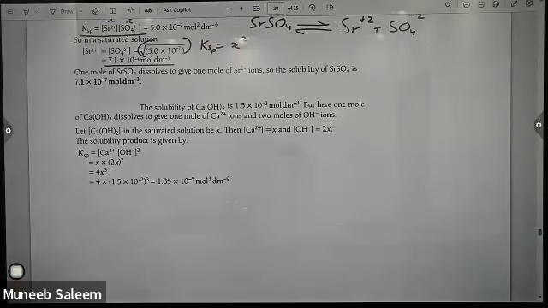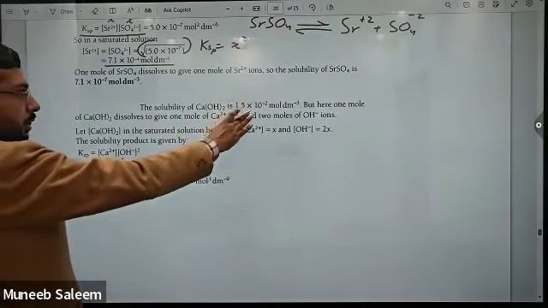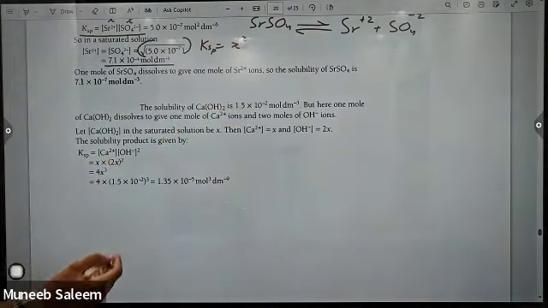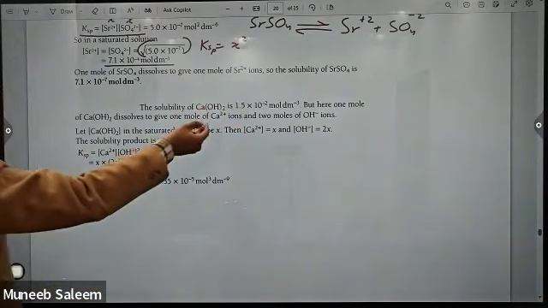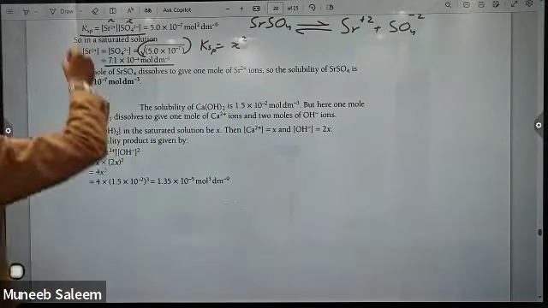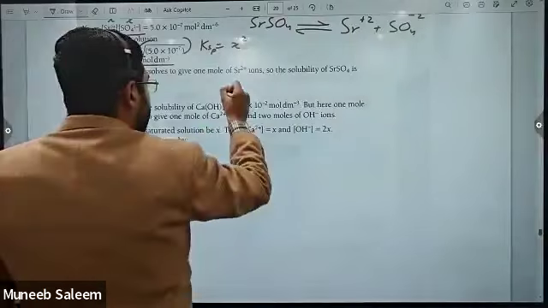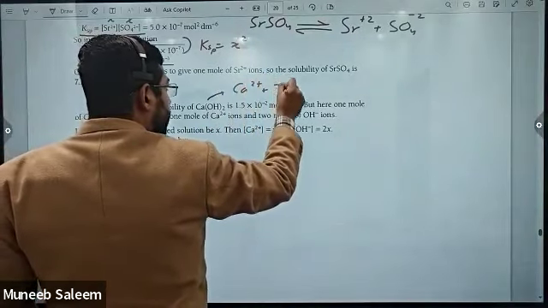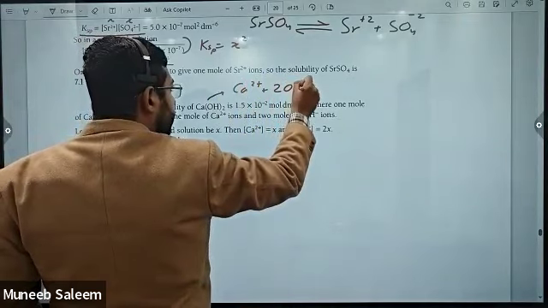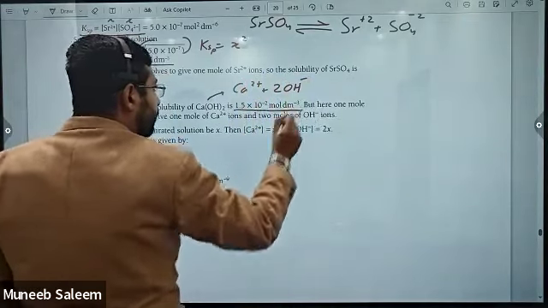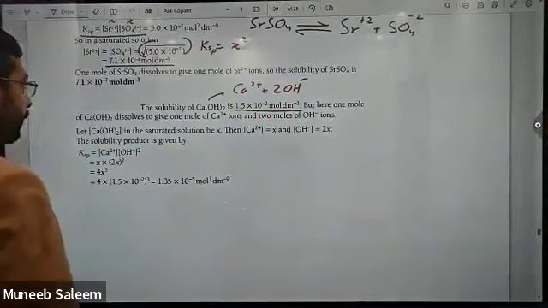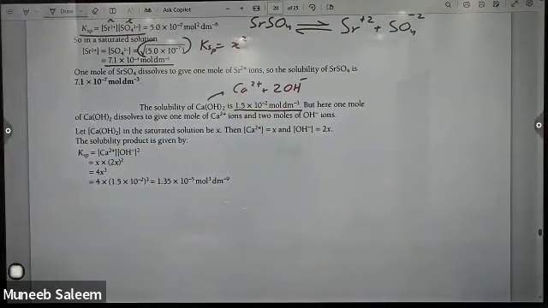Okay, we have the solubility of calcium hydroxide this much, but as a result of this solubility, we will get this kind of equation: Ca2 plus and 2 times the hydroxide ions, and this is the value for solubility, which means we have to calculate the KSP here.